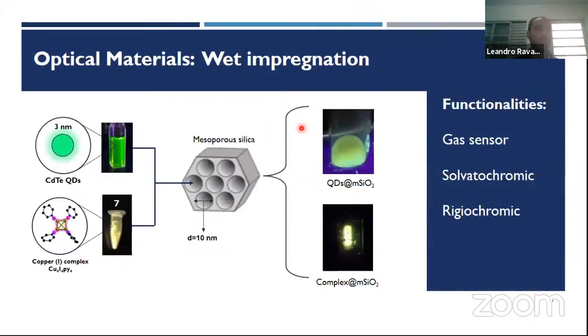In this work, I will present new optical materials obtained by the wet impregnation method. The material obtained from incorporation of the copper complex and the quantum dots inside the mesoporous silica will give us materials with new functionalities like gas sensing, solvatochromic, and rigidochromic effects.